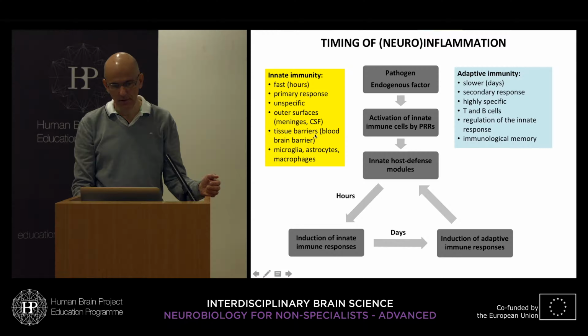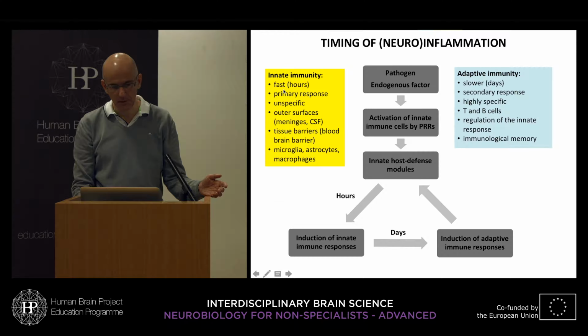Here you have two central topics in the immune response: innate immunity and adaptive immunity. And in neuroinflammation, we are mainly talking about innate immunity. Why? It's fast, so it occurs within hours.